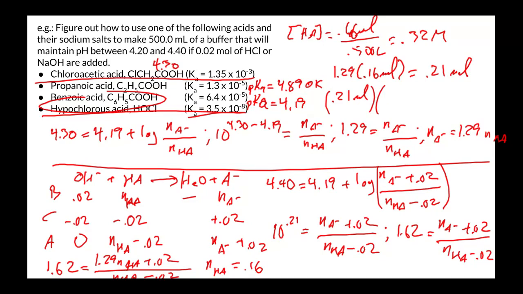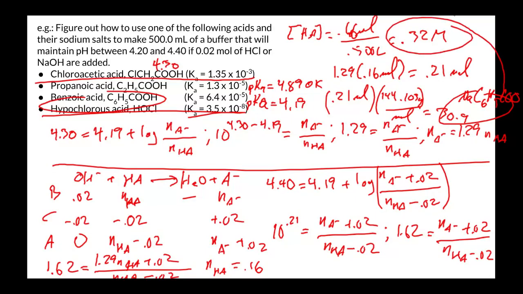Now, sodium benzoate is going to be NaC6H5COO. So working out that molar mass, it comes out to 144.105 grams per mole, and that's 30 grams of this. So we'll take 30 grams of sodium benzoate, put it in 500 milliliters of 0.32 molar benzoic acid, and we'll have the buffer that has the pH that we want and the capacity that we want.